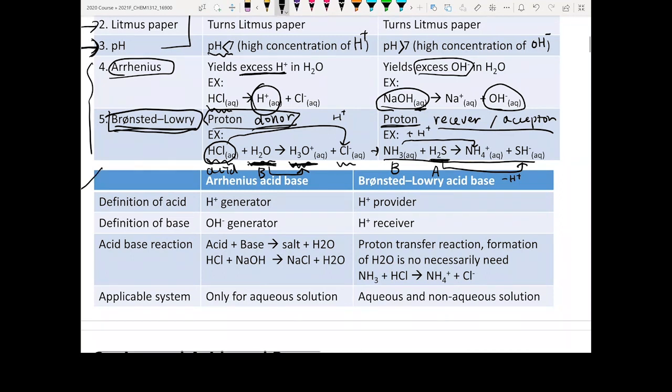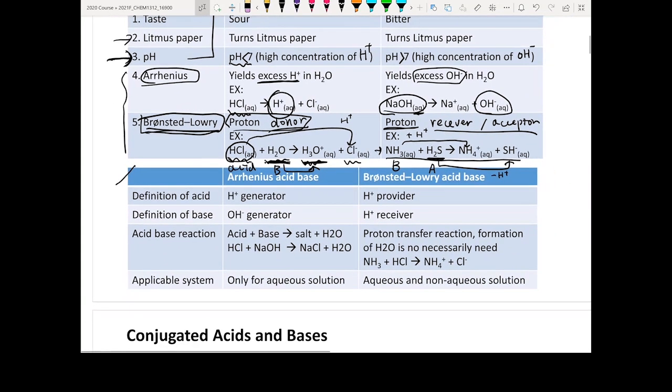This table summarizes all the things we said. In the Arrhenius acid-base theory, the way you define acid-base depends on what species you generate, right? If you generate H+, you are an acid. If you generate OH-, you are a base. All of this is very useful if you have an aqueous solution.